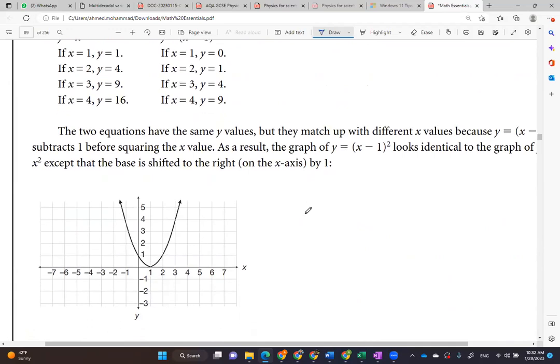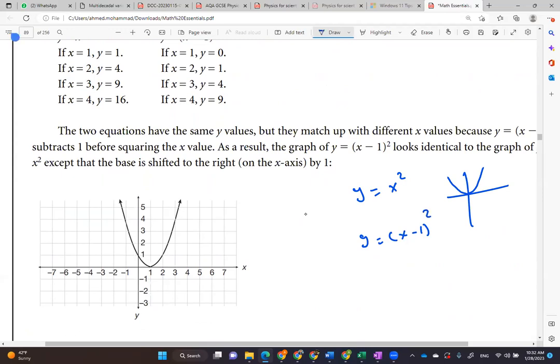So I just know that y equal x squared is going to be graphing like this, right? What about y equal x minus 1 squared? I have two different ways.